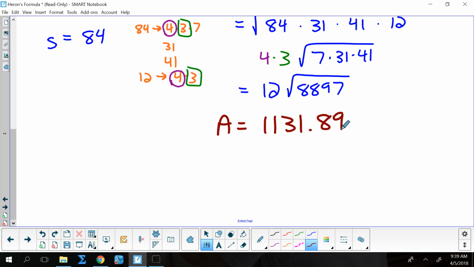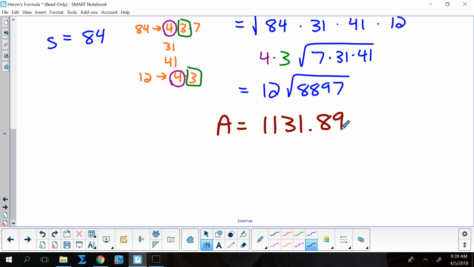The difference is this last blue line is exact, simplifying radicals. This maroon line is rounded.